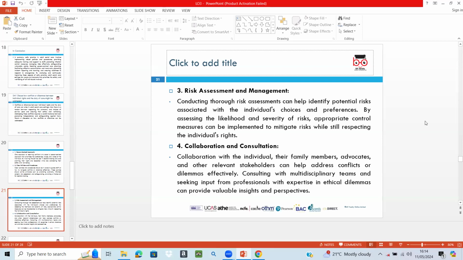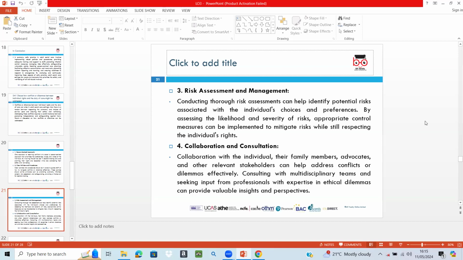In that case, conducting a risk assessment would involve identifying potential hazards such as uneven steps or poor lighting, and implementing measures like installing handrails or offering mobility aids to enhance safety. By involving the service user in the decision-making process and addressing risks effectively, autonomy is respected while safety concerns are addressed.